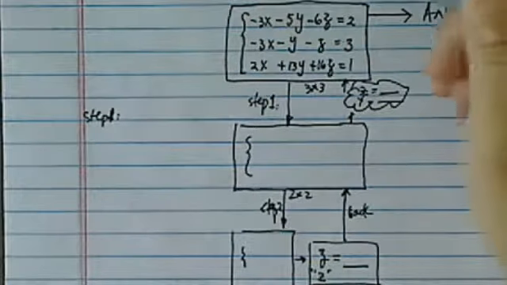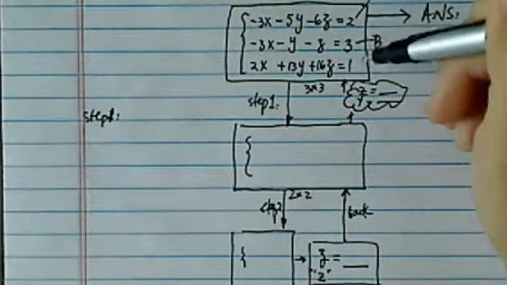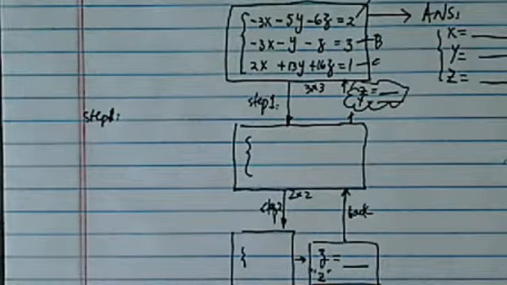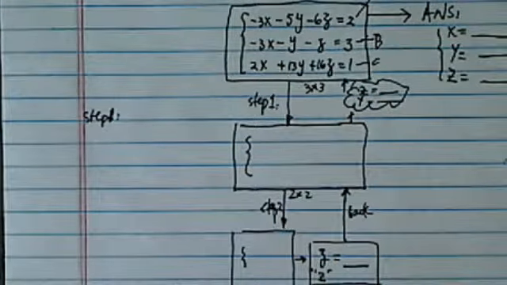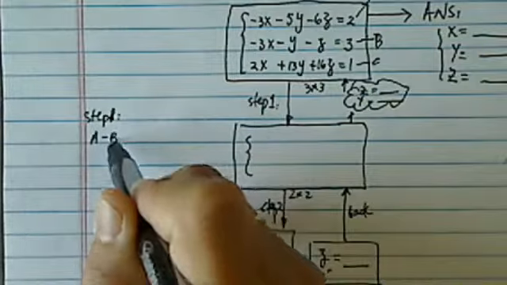So let's get started. Step 1 is we're going to reduce 3 by 3 into a 2 by 2. So what I'm going to do is I'm going to call those equations A, B, and C to make it a little easier. Here I decided I'm going to get rid of one of the variables. It doesn't really matter which one you get rid of, but in my case, I want to do the least possible work.